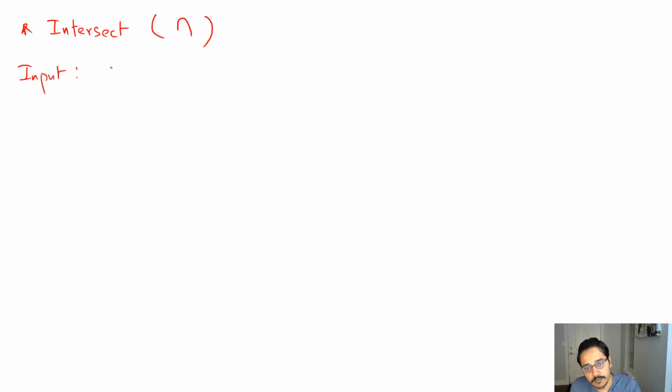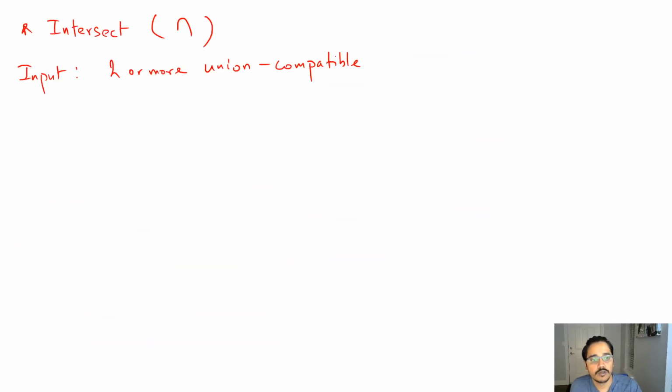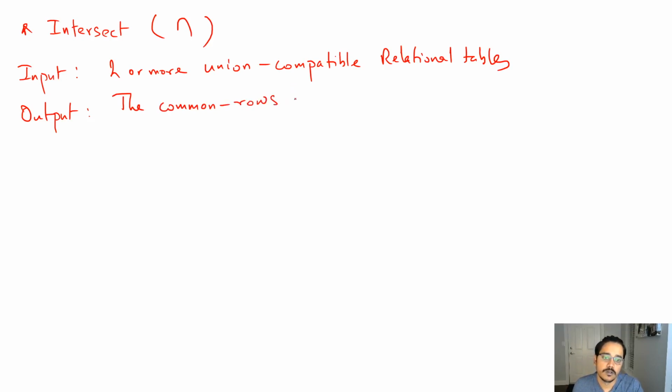Input is again going to be the same, 2 or more union compatible relational tables, and the output is going to be the common rows of the two or more tables. Okay, common rows.